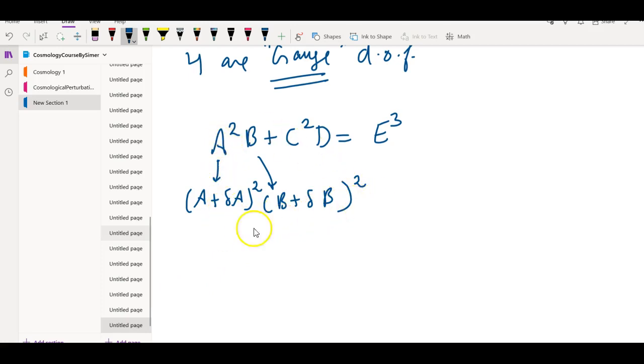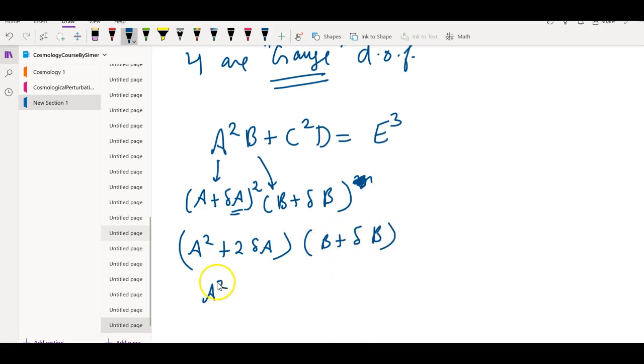Now, what does this term simplify to? This will become a bar square plus 2 times delta a, and I will ignore the higher order term. This is b bar plus delta b.